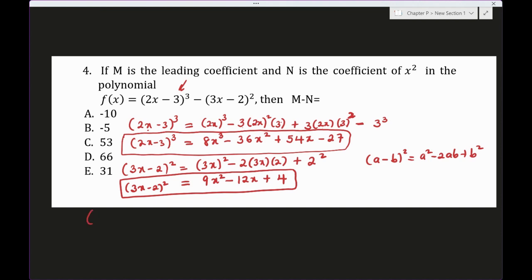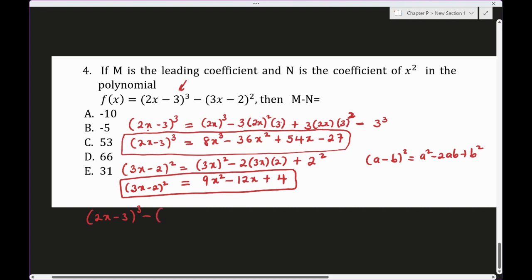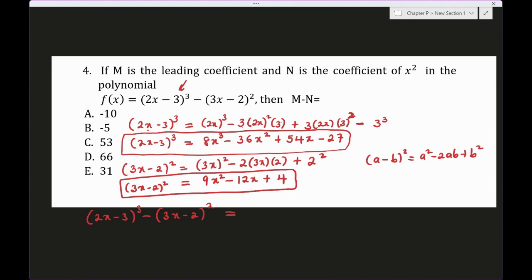Now, if we have 2x minus 3 cubed minus 3x minus 2 squared, we have to subtract, because we have the two terms. So this is just going to be 8x cubed minus 36x squared plus 54x minus 27. Then we subtract 9x squared minus 12x plus 4 from it.